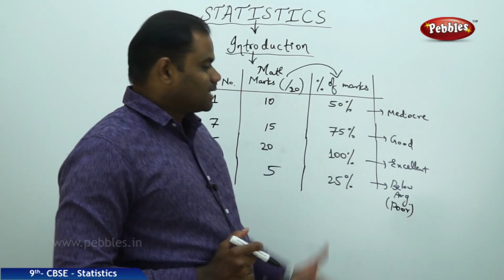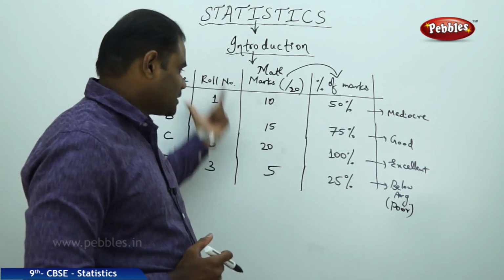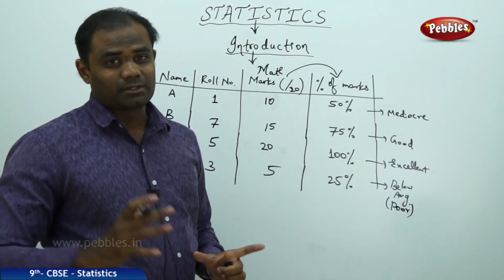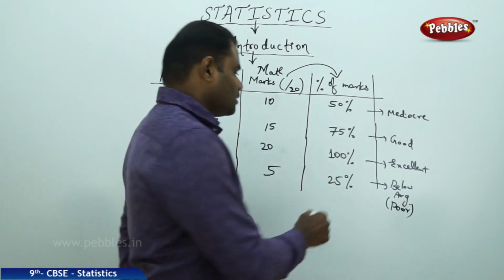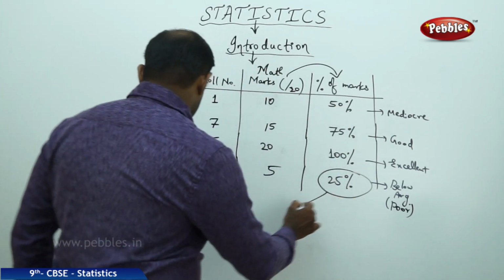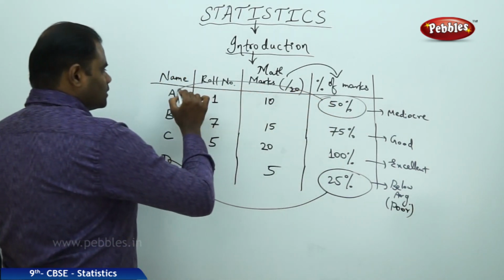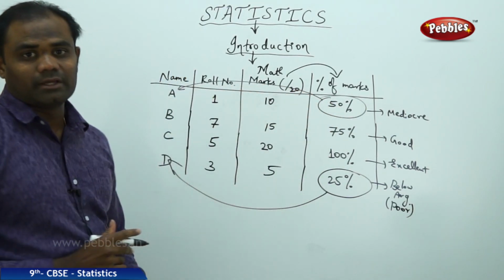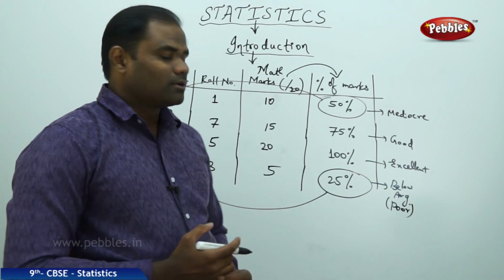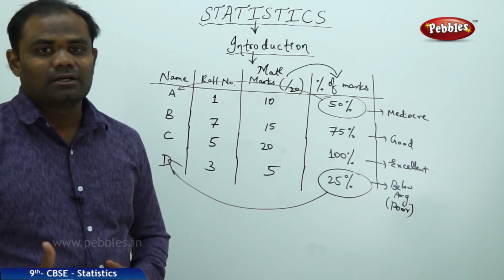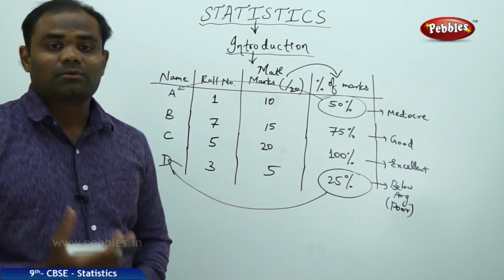So the teacher gets an idea with this statistical data that the marks which the students have obtained can be rectified and then proper care taken for student D, and improvisation principles applied for student A. So therefore, my statistical data helps me in analyzing the data and making positive outcomes.